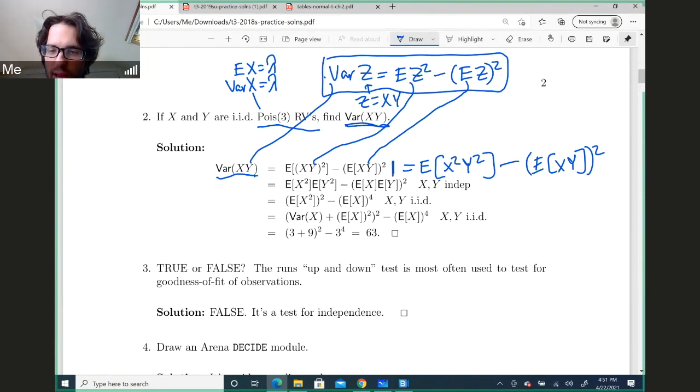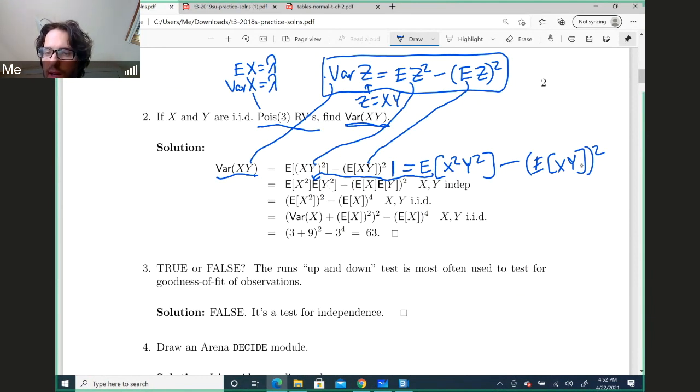And because X and Y are independent, we can split E of X squared times Y squared into their own expectations. So it becomes E of X squared times E of Y squared.